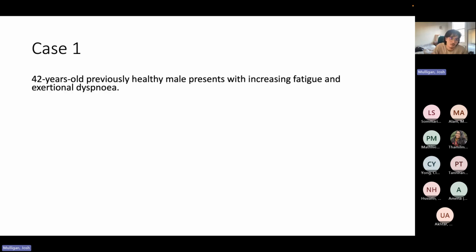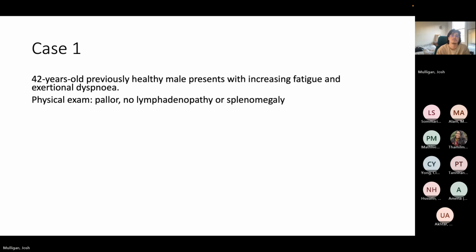So we have a 42-year-old previously healthy male, and he comes in with increased fatigue and exertional shortness of breath, basically dyspnea. You examine him and you see pallor, but you don't see any lymphadenopathy or splenomegaly.